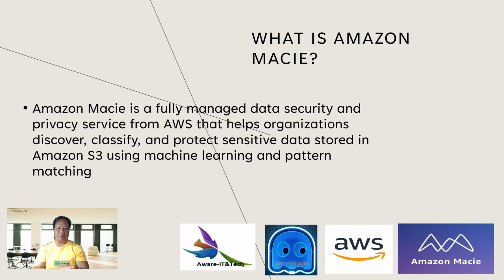It's a fully managed data security and privacy service from AWS that helps organizations discover, classify, and protect sensitive data stored in Amazon S3 using machine learning and pattern matching.